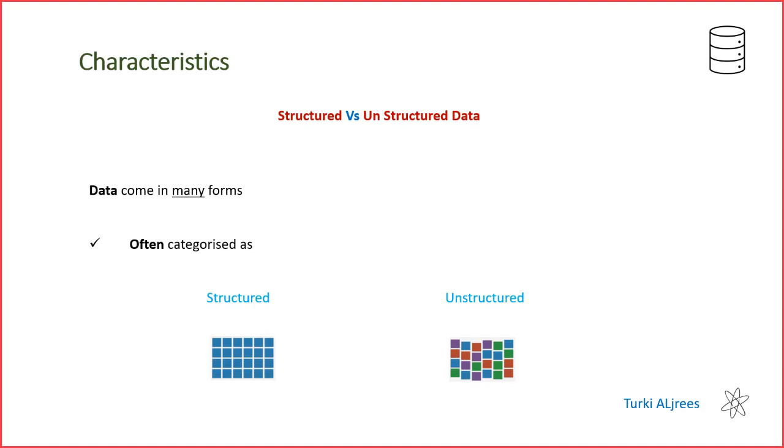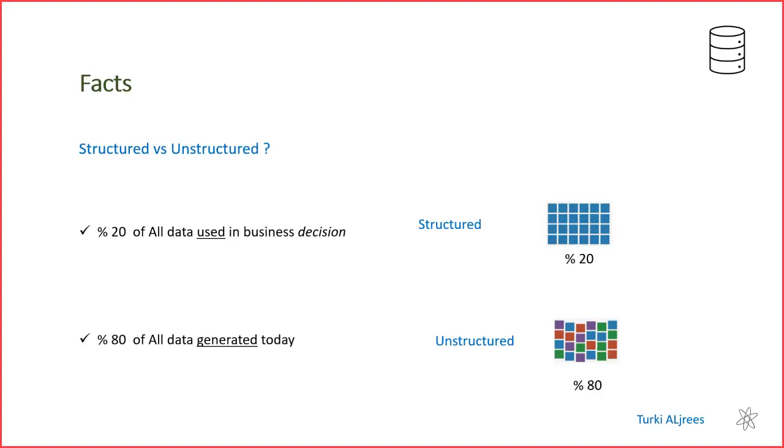These categories or forms result from humans or machines saving the data on devices. The other fact that is really important to mention is that 80% of the data today is unstructured data.